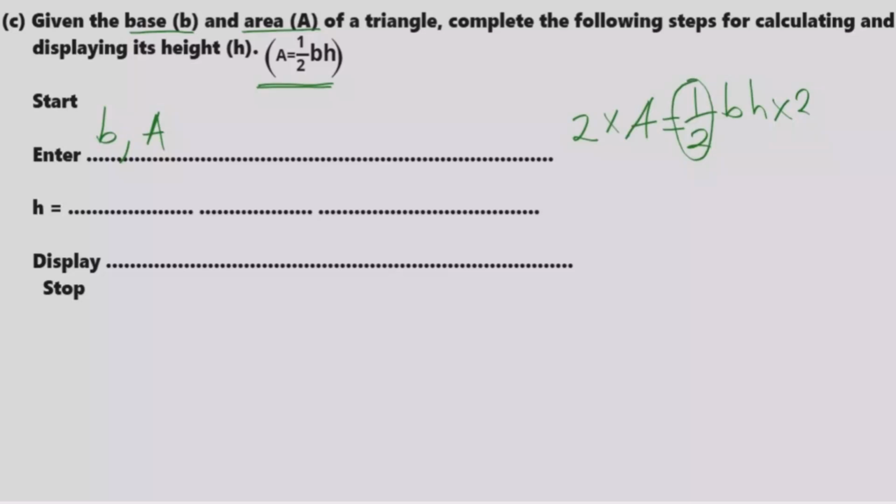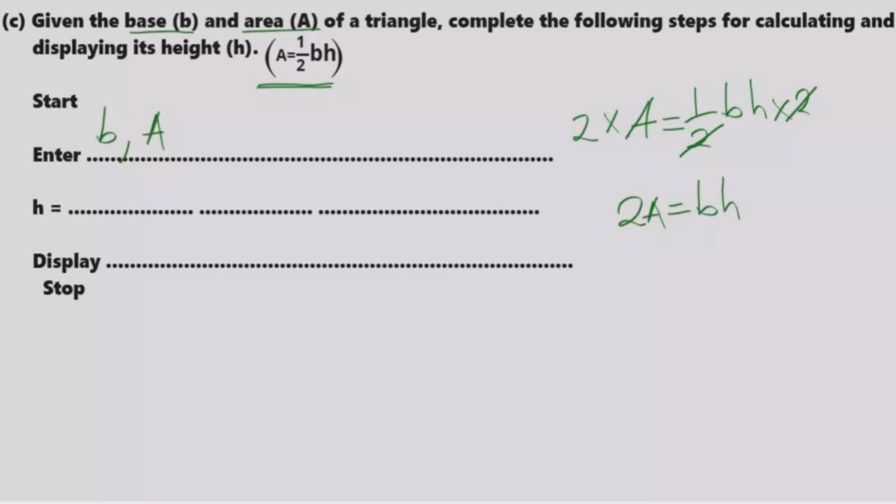So 2 times A will give me 2A, which is equal to, these 2 and these 2 cancel each other out, then 1 times BH will give us BH.